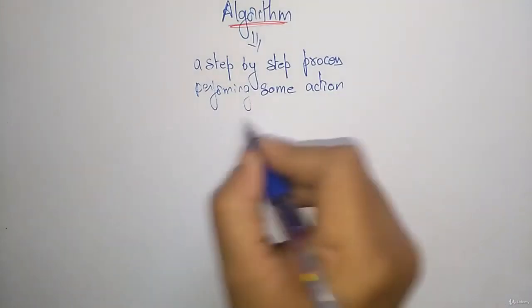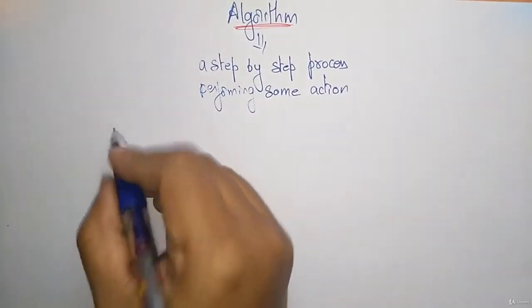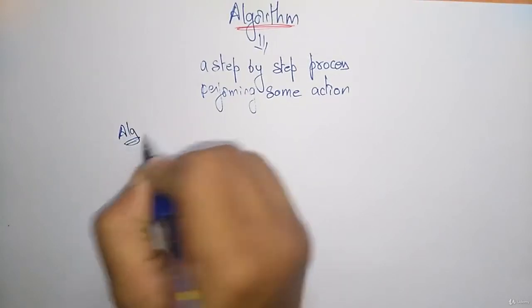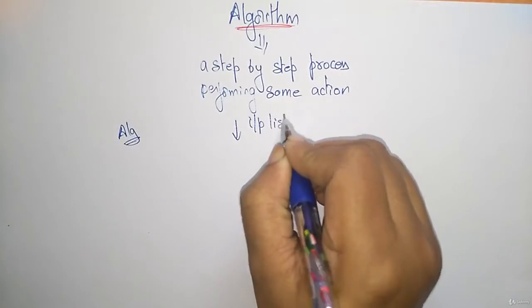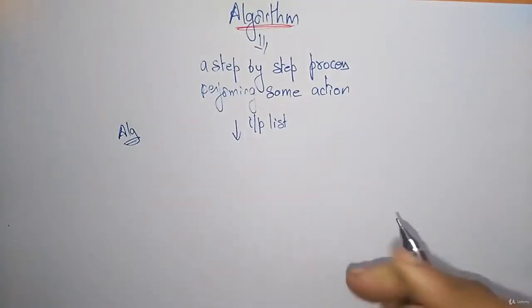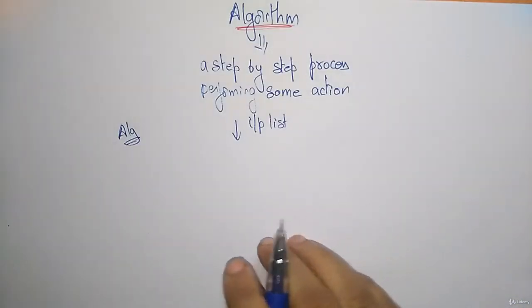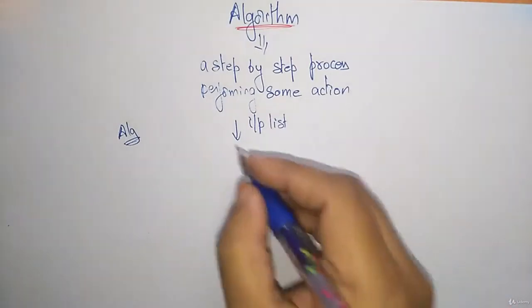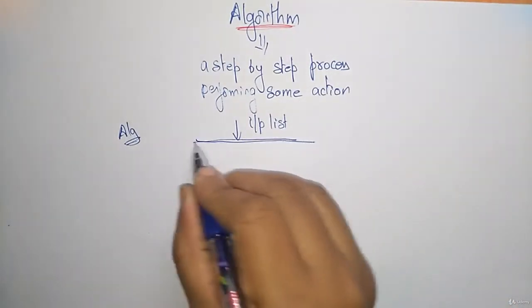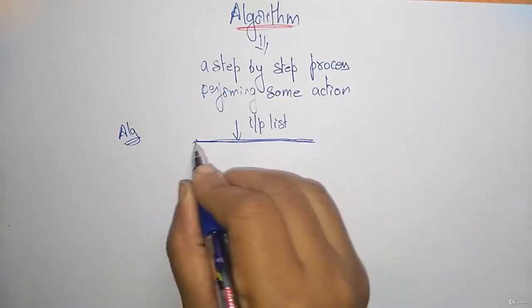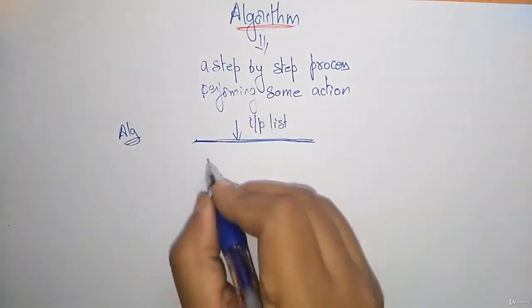First we are giving the input list. The input list is nothing but the requirements, the variables, the program requirements, whatever you want.